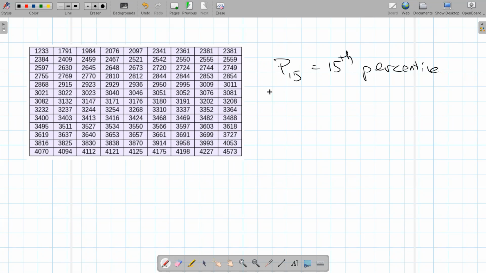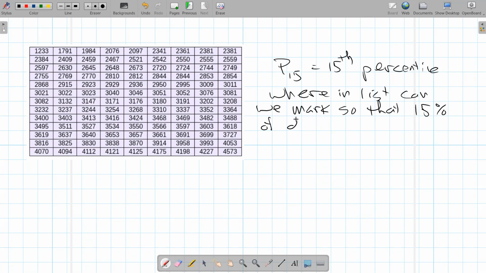So that means where in the list can we mark so that 15% of data is at or below that point?